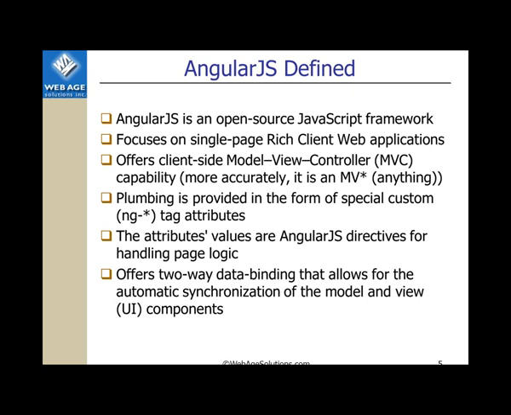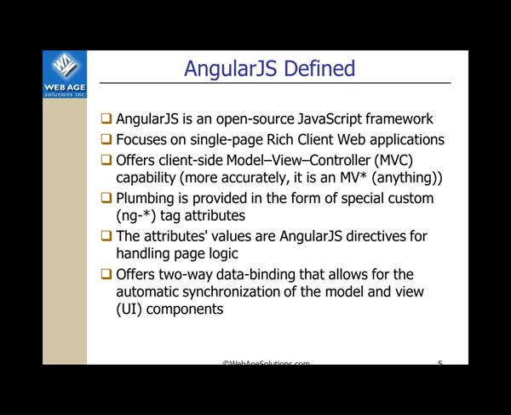The plumbing of AngularJS is provided in HTML in the form of special custom tag attributes, which are ignored by the HTML layout manager, but they are relevant to AngularJS, which performs introspection of all the DOM elements presented on the page, and it builds its own context for your applications.